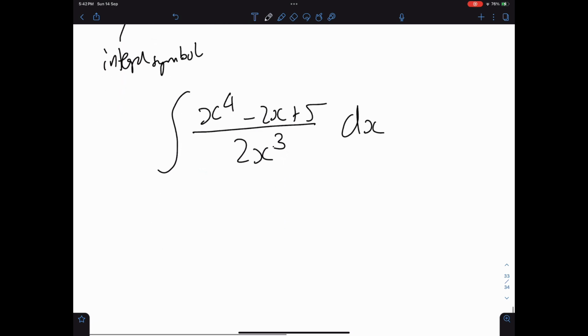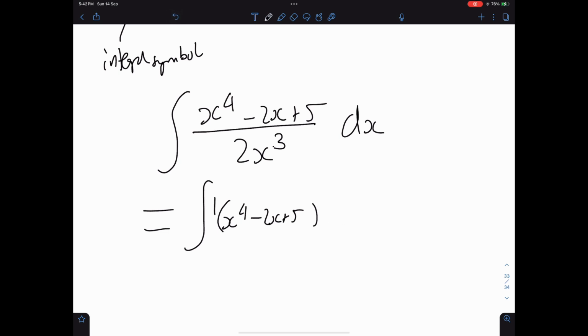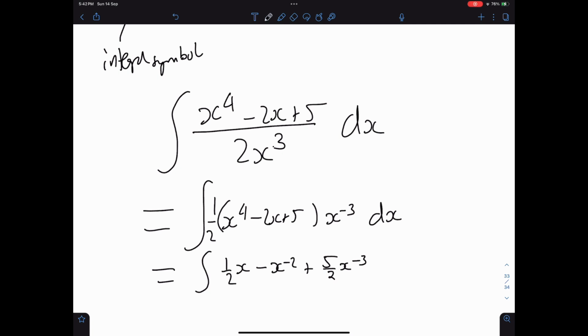And here, I would instead rewrite this: I would split up the fraction and times that by x to the power of minus 3. And then I would expand that and leave it as negative powers.